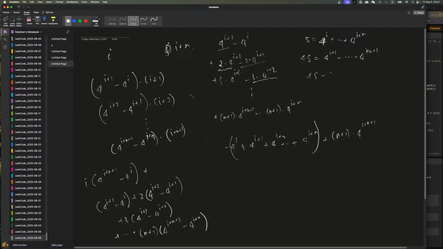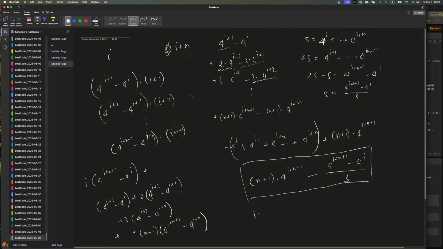So 4s minus s is 4^(i+n+1) minus 4^i. So s is equal to (4^(i+n+1) minus 4^i) over 3. So this essentially is (n+1) times 4^(i+n+1) minus (4^(i+n+1) minus 4^i) over 3. That's the one.